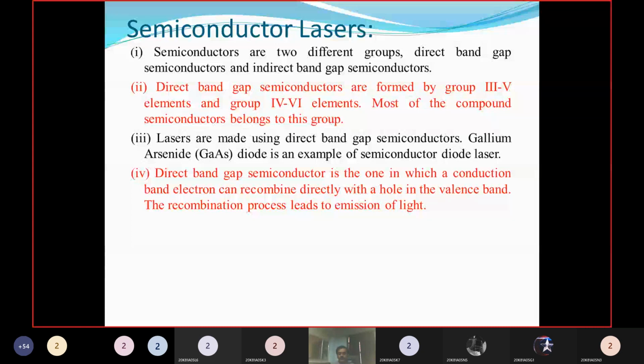Most of the compound semiconductors belong to these third and fifth, and fourth and sixth group elements.